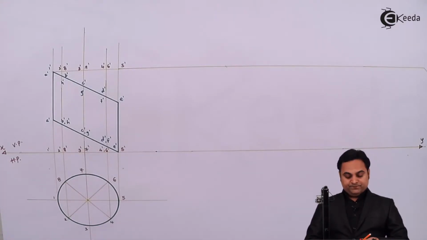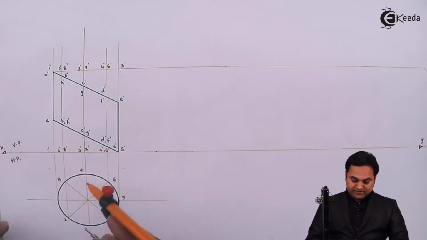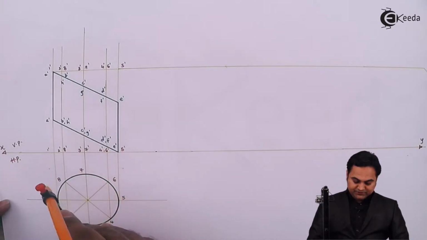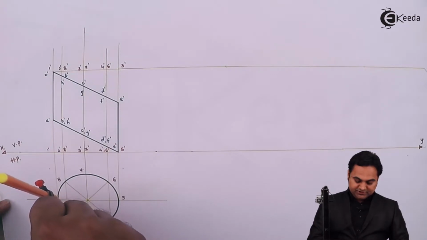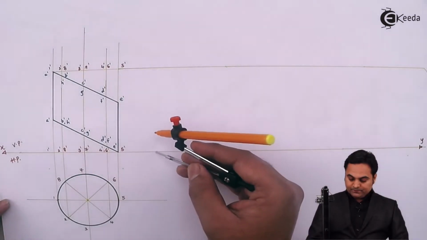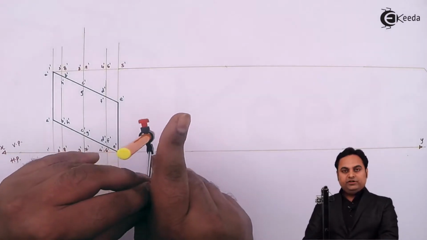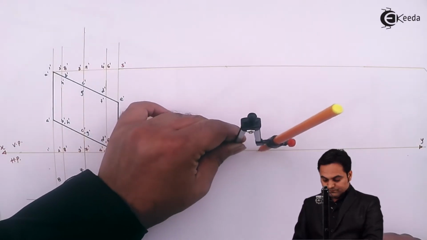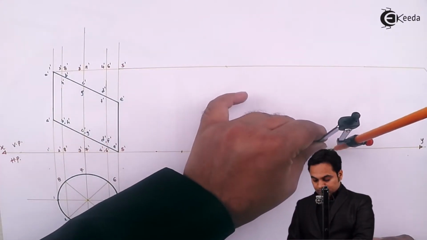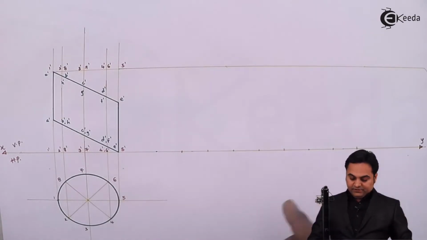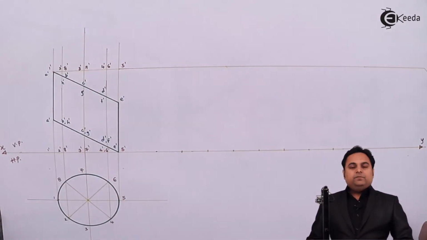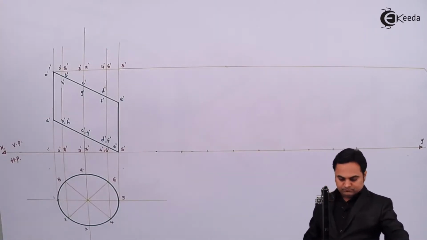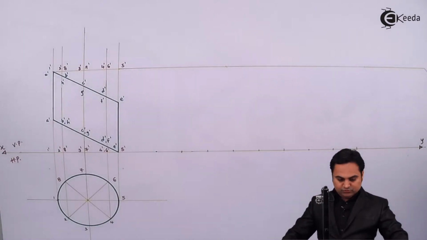And the method is, in this we can measure the distance between any one division, that is between any 2 points. Here I am measuring the distance from 1 to 2. From this point I'll go on dividing it into 8 equal parts. So I have divided this line into 8 equal parts, which will represent the development for the cylinder, and then drawing light lines through these points.